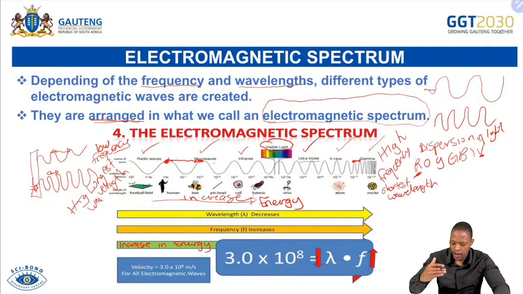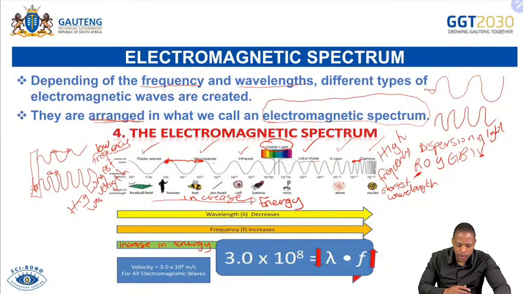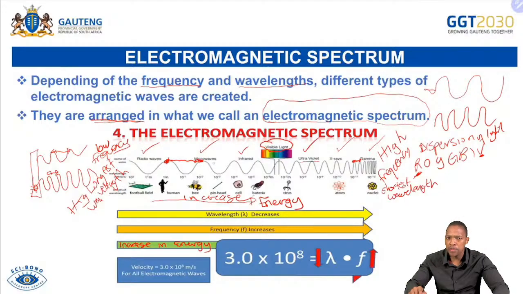The gamma rays will have the shortest wavelength. So we remember that wavelength increases going to the radio waves, but frequency increases going to the gamma rays, and increase in frequency will cause an increase in energy.